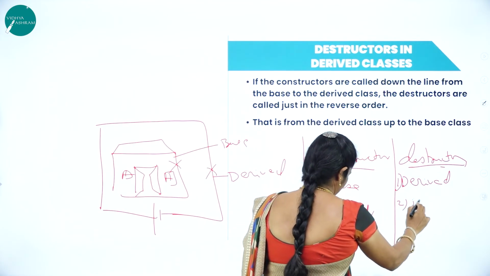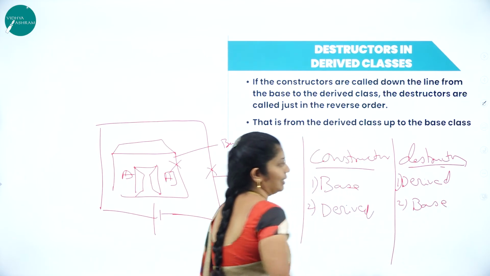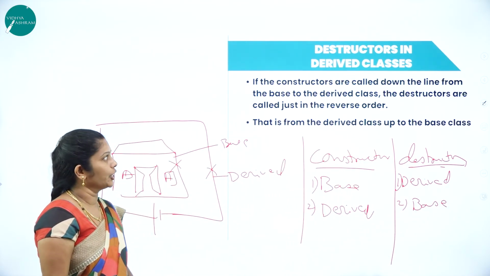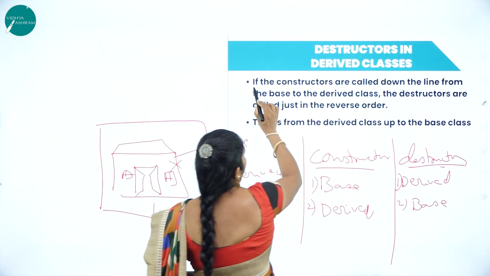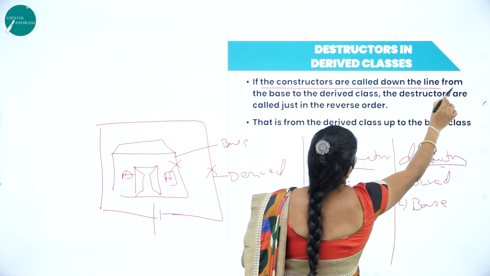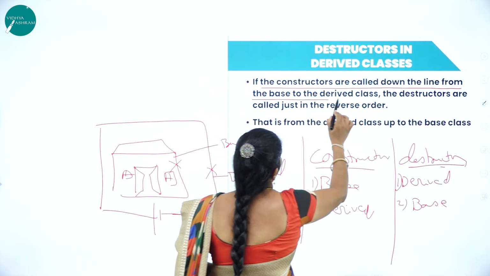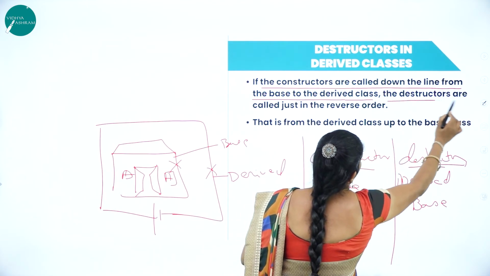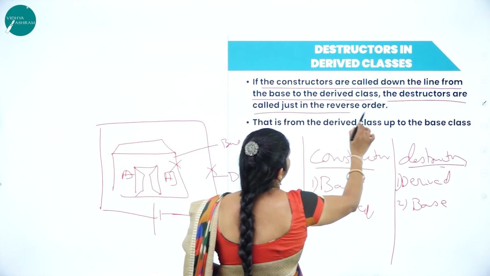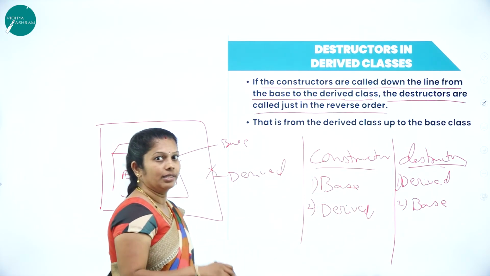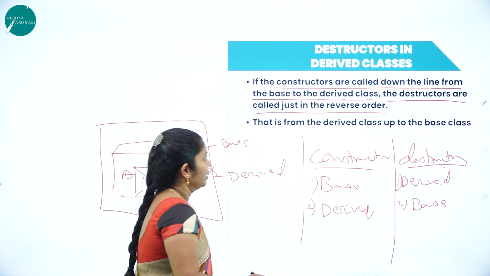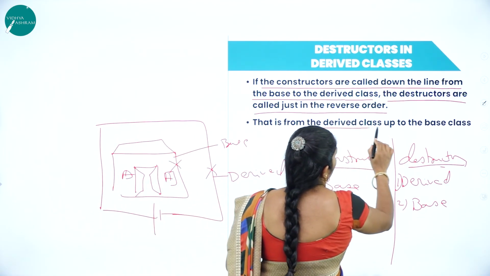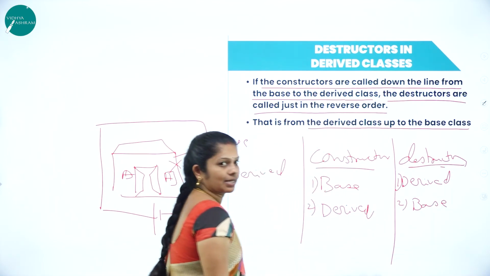Then later the base class destructor will execute. That is, if the constructors are called down the line from the base class to the derived class, the destructors are called just in the reverse order, that is, from the derived class up to the base class.